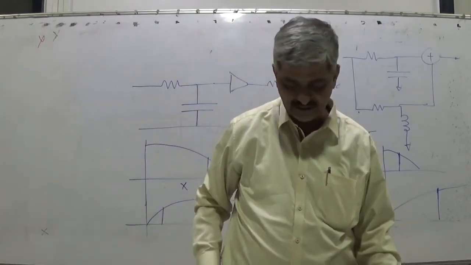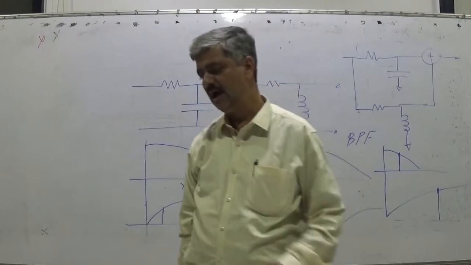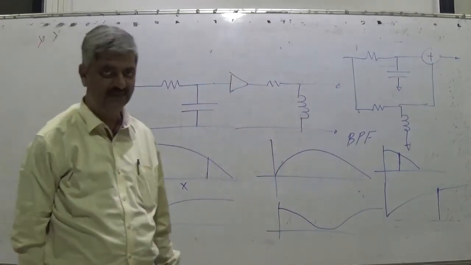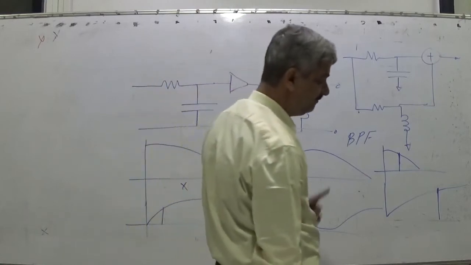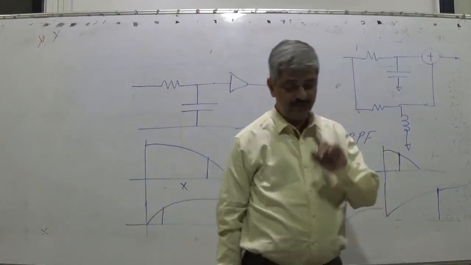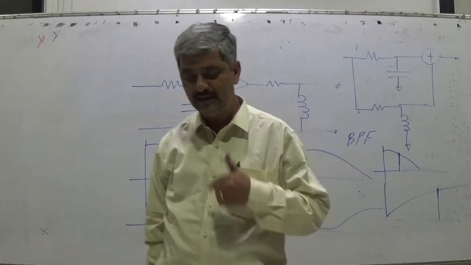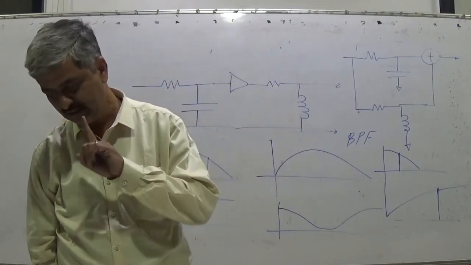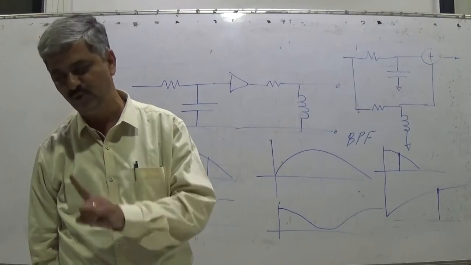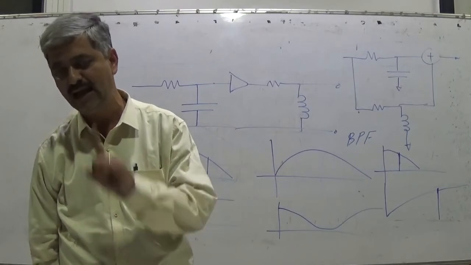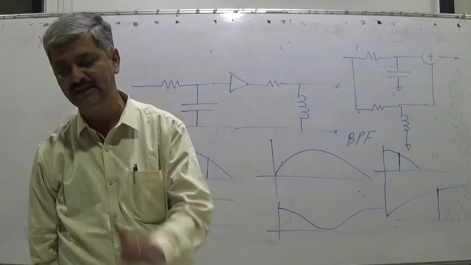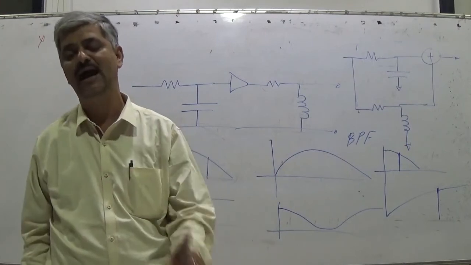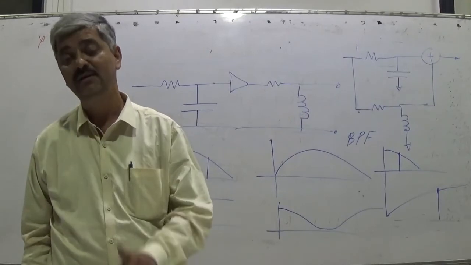So basically there are four filters: high pass filter, low pass filter, band pass filter, band stop filter. The gain is a function of frequency. So when input is sin omega t, output is A omega sine of omega t plus phi omega, where A omega and phi omega depend on omega.